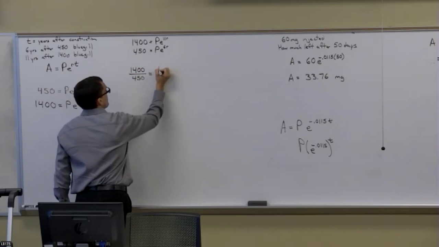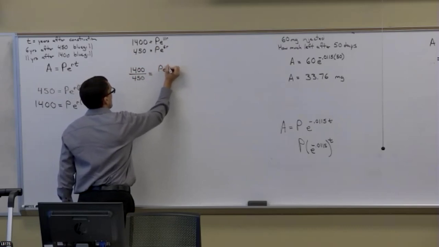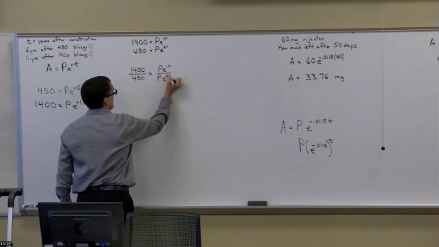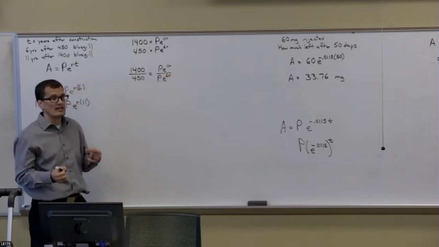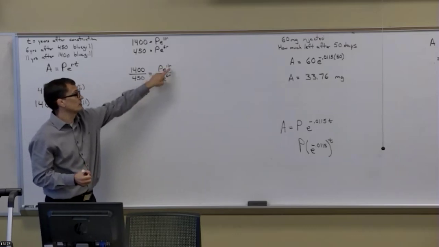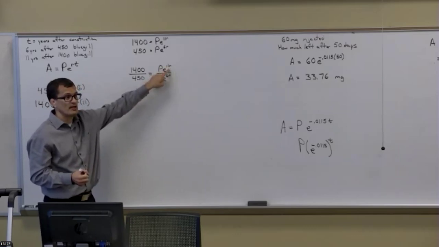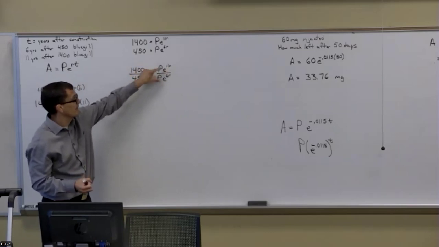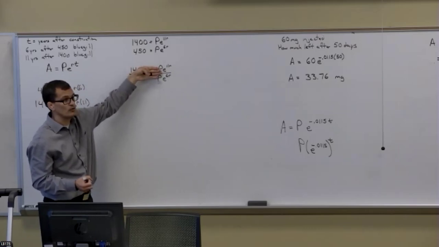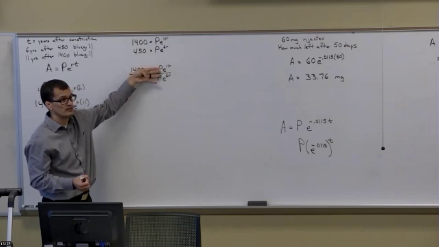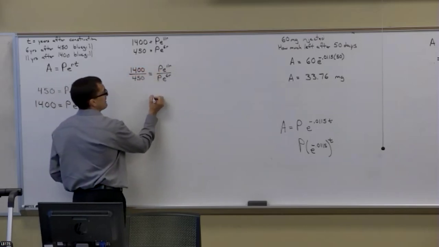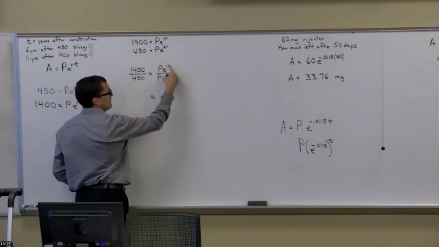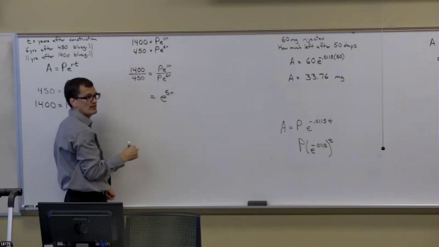And set that equal to P times e to the 11R divided by P times e to the 6R. The reason why I like the larger exponent on top is because when I divide, these two P's will cancel out. And we can use our exponent rule, which is called the quotient rule of exponents, to make that right-hand side be e to the 5r. 11r minus 6r is 5r.